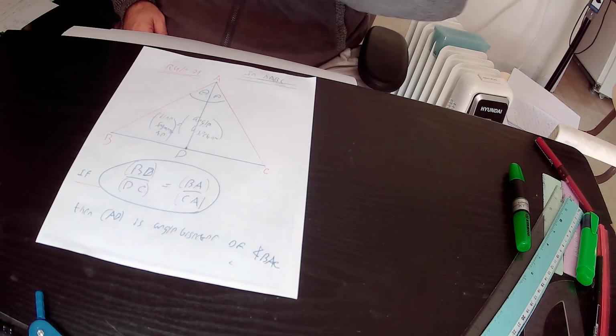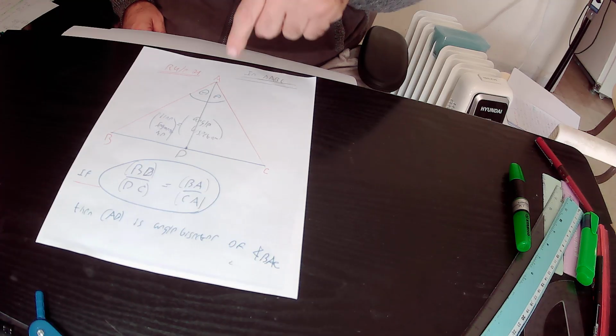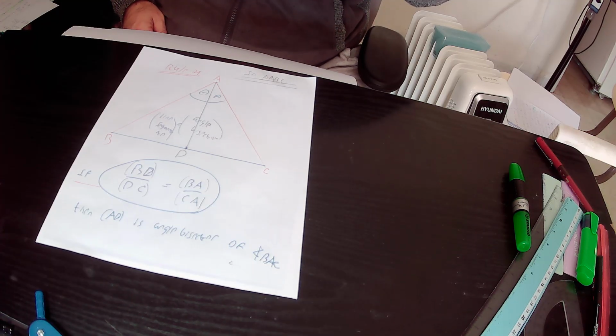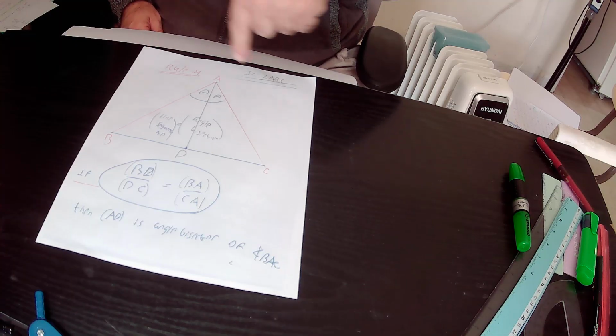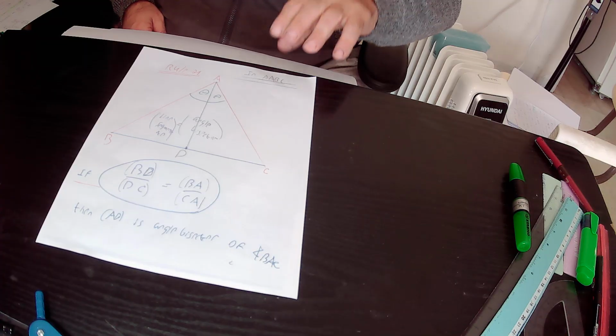And therefore, according to rule 21, the converse rule of the angle bisector theorem, line segment AD must be the angle bisector of this triangle ABC. AD is the angle bisector of triangle ABC, that is to say, it divides angle BAC into two halves, each half equal to theta.